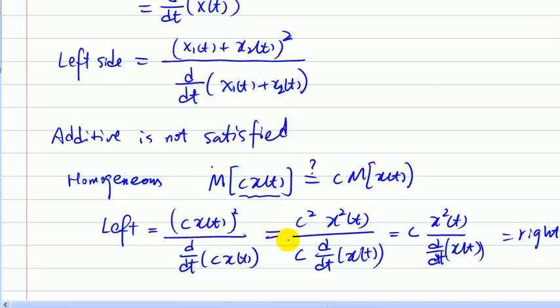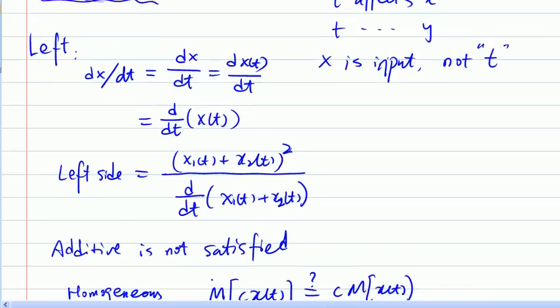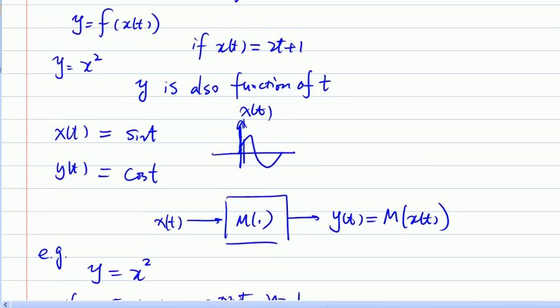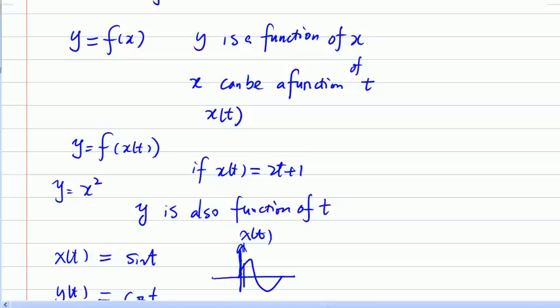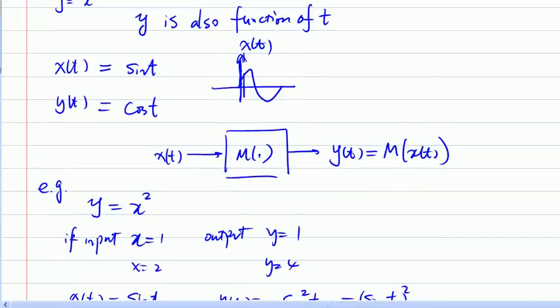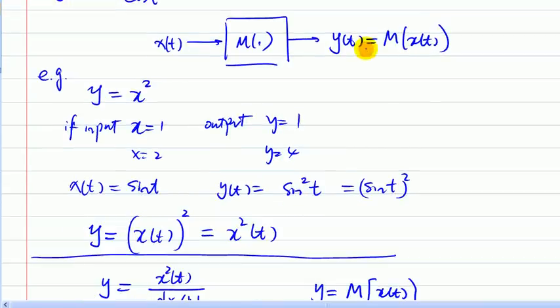So anyway, I think the key idea is, number one, what is a function, and how does the idea of a function relate to a system? When you talk about a system, what is input? What is output? Input and output are all functions, but they are functions of t, basically.